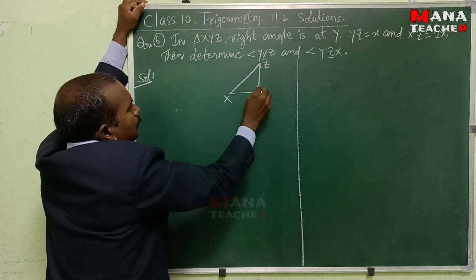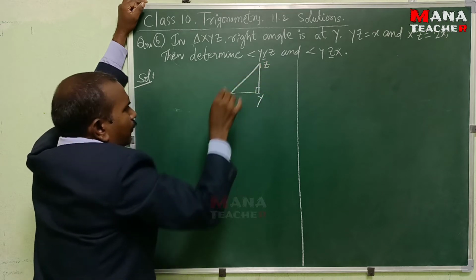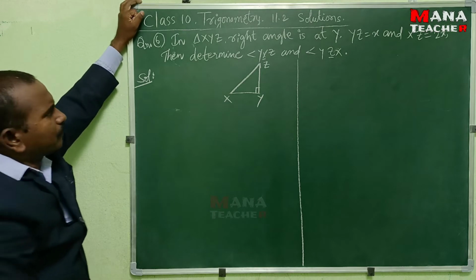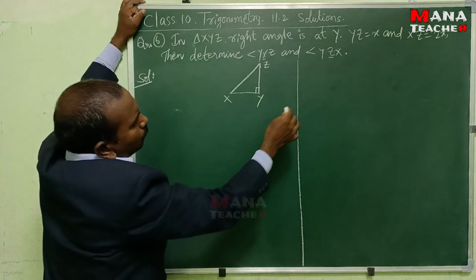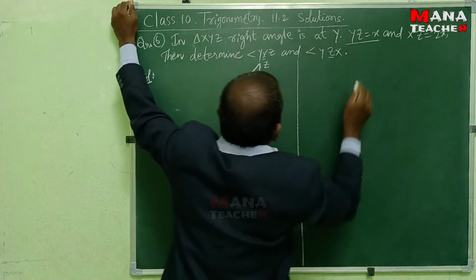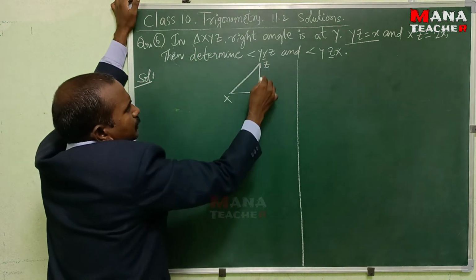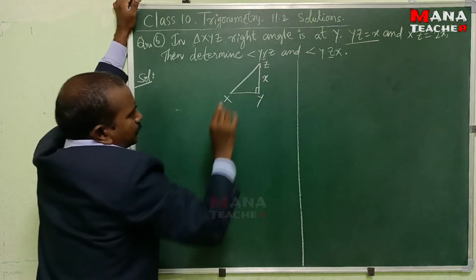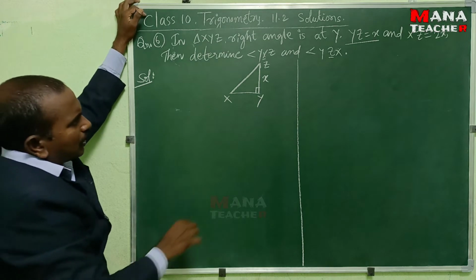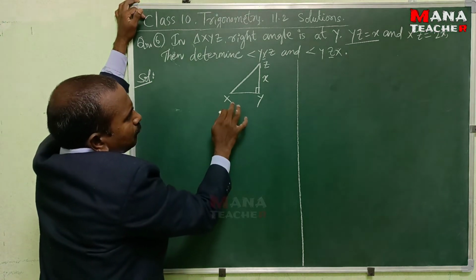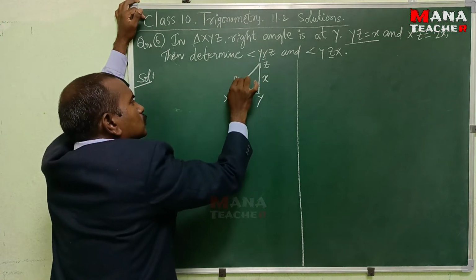At Y, right angle given. YZ is x, XZ is also given, XZ is 2x.